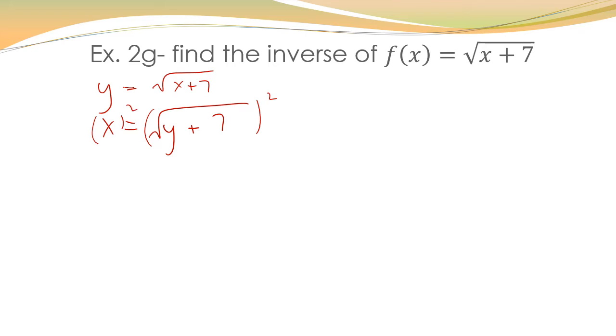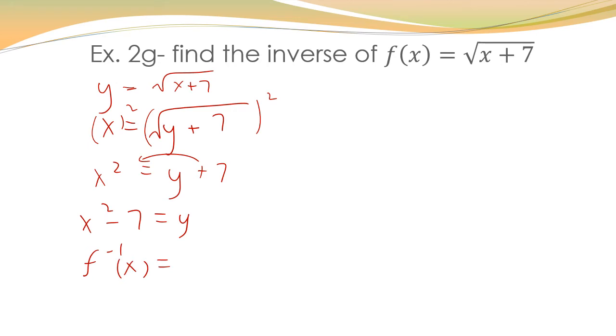And this would be x squared equals y plus 7. Bring over that 7. X squared minus 7 equals y. F inverse of x equals x squared minus 7.